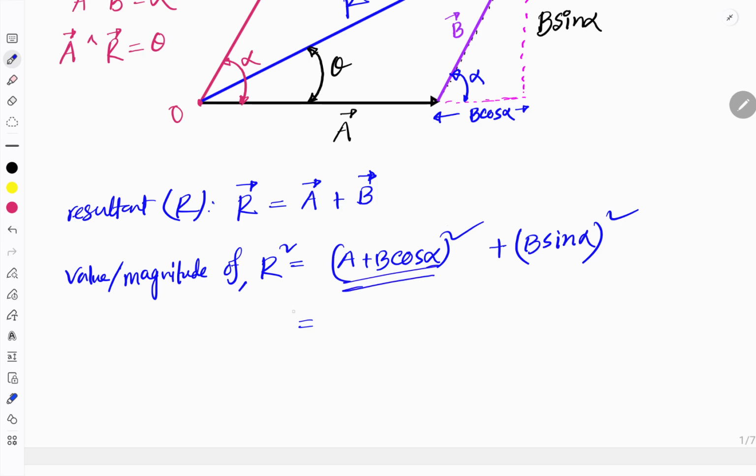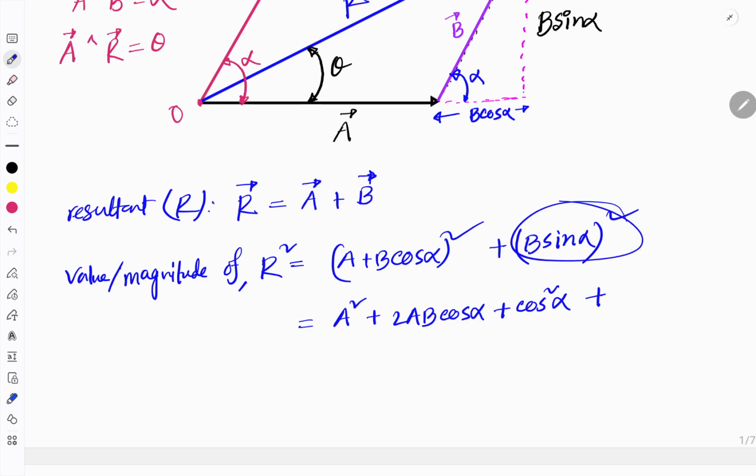I can use the formula from your elementary algebra course. That is, (a + b) square is a square plus 2ab plus b square. You probably know that, right? I mean, you must know that. Okay, so I have a square plus 2 times a times b into cosine of alpha plus cosine square alpha.